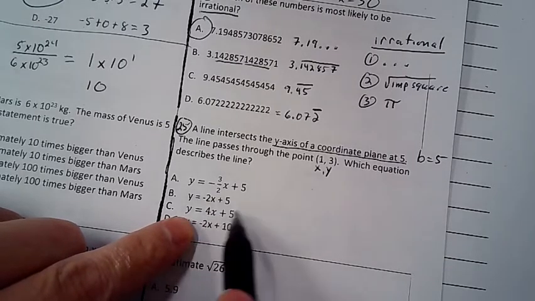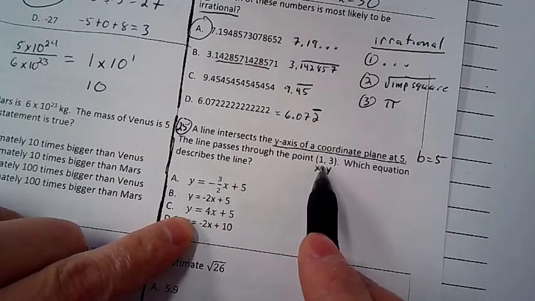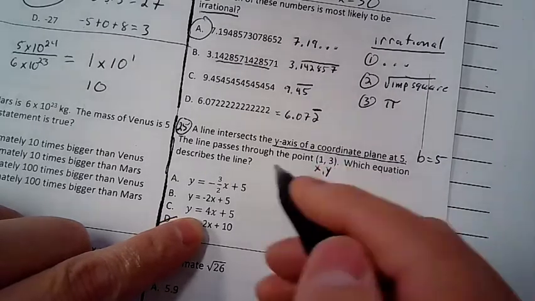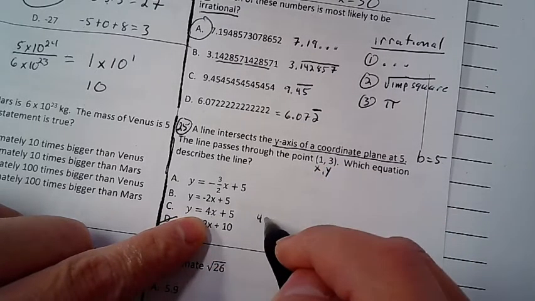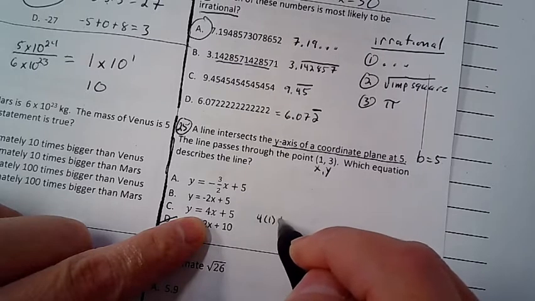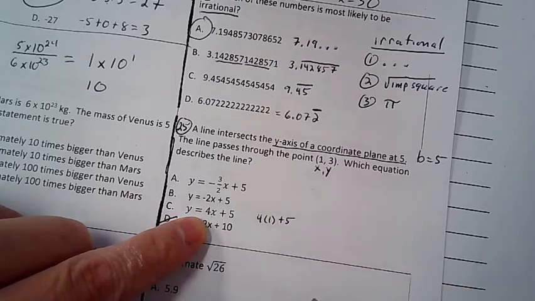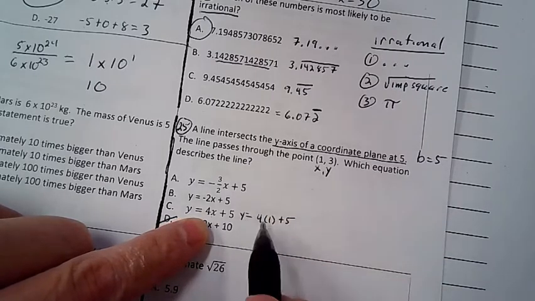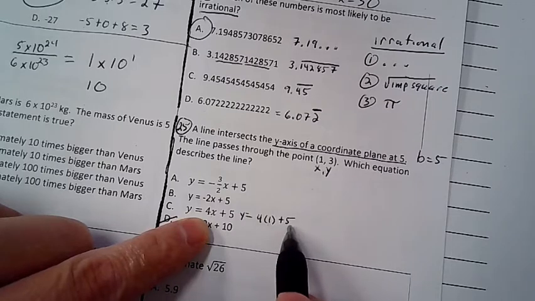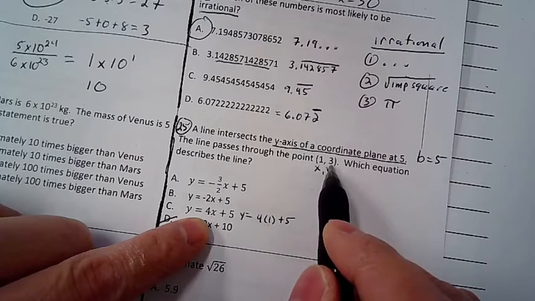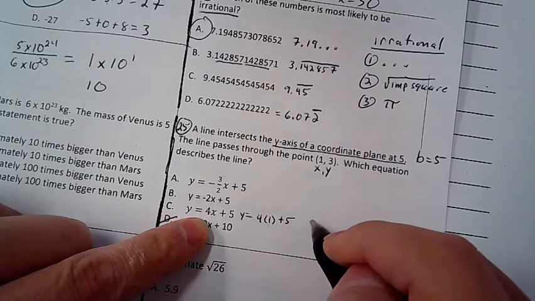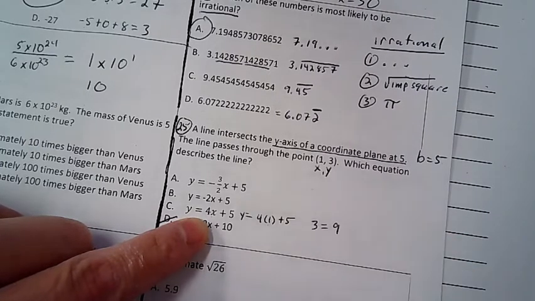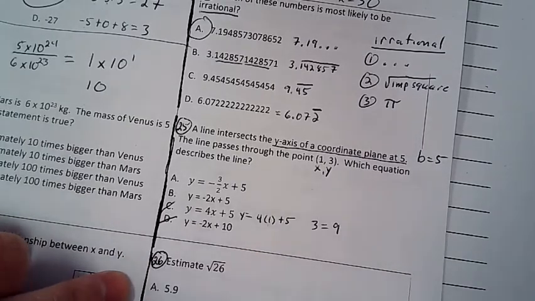I know x is 1, so 4 times 1 plus 5 should give us y. 4 times 1 is 4, and 4 plus 5 is 9. But our y is 3, so this says 3 equals 9. That doesn't work, so it's not this one.